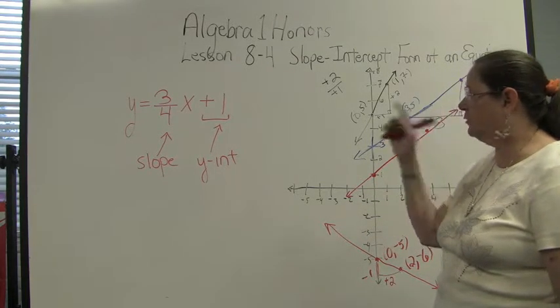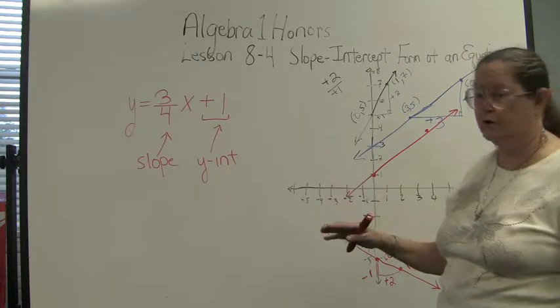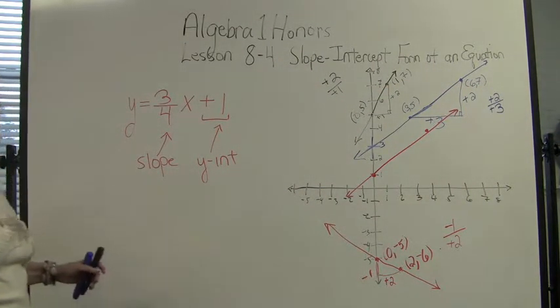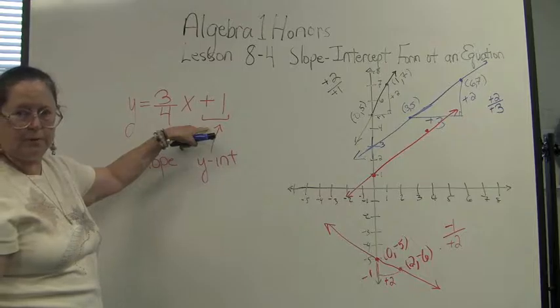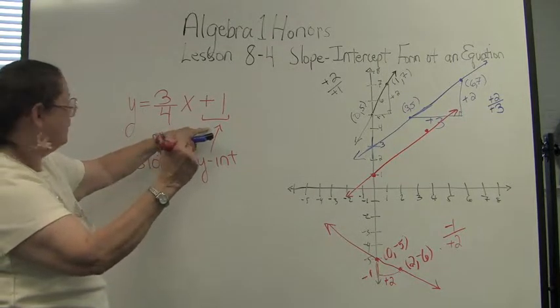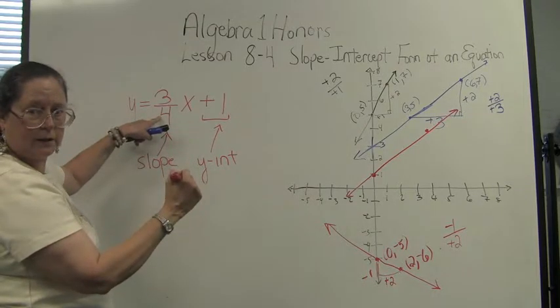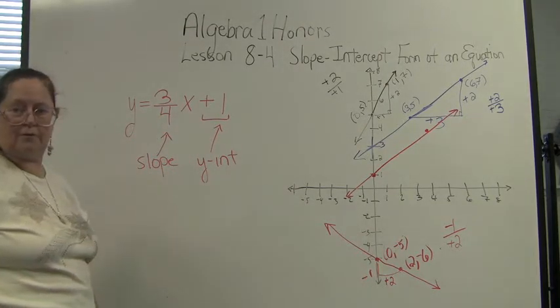Okay? So not only is slope-intercept important to tell you very quickly the slope and the y-intercept of your line, but if you have to draw it, you can draw it very rapidly. You put a dot on the y-intercept, put your pen there, and then go up or down this many and left or right this many. Okay? Very simple. So very powerful form of an equation.